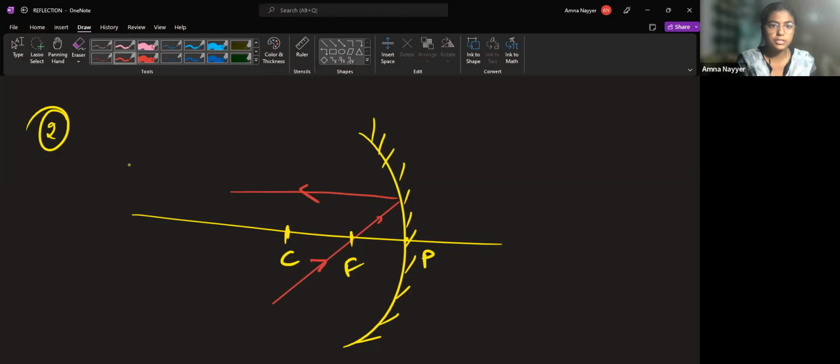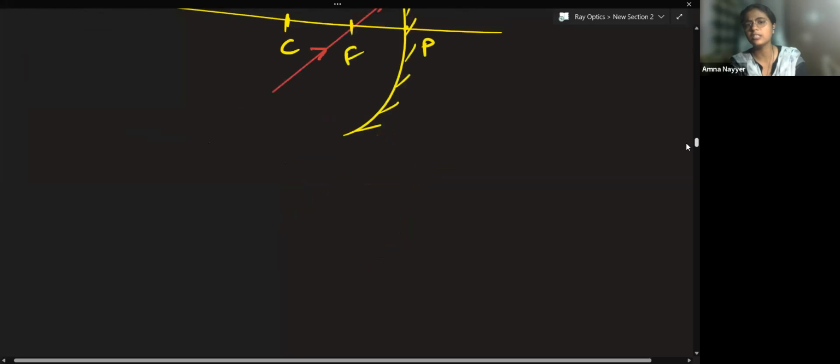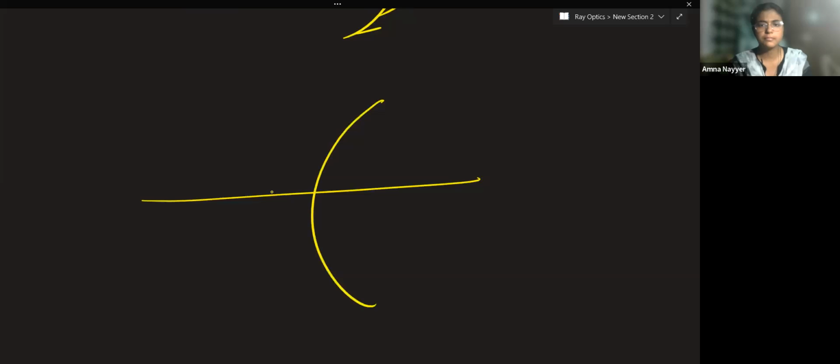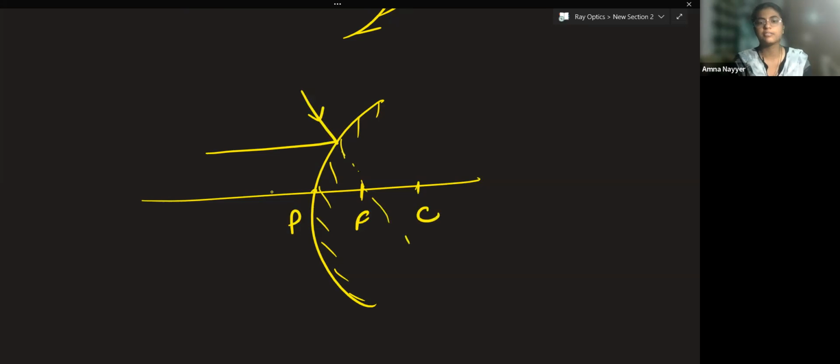It's just that the sign of the arrow changes. Same diagram, just the sign of the arrow has changed. This is a convex mirror. Center of curvature, focus, pole. A ray of light is incident and is directed toward the focus. It will become parallel after reflection.